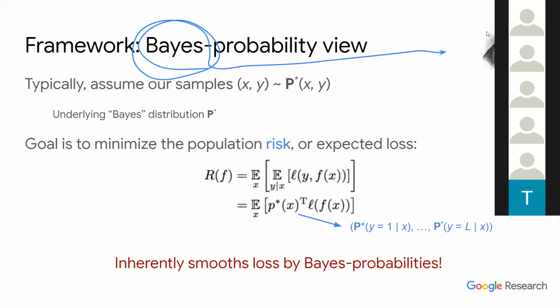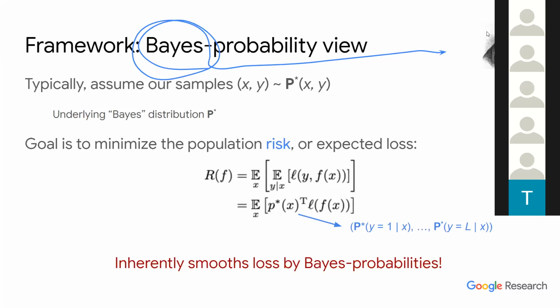When we have this, the true risk R of f is the expectation, a joint expectation, unwrapped into x and y given x. If you think of this as a label-specific loss term, it is nothing but L of f(x), the same term from the previous slide, with an inner product with p star of x, which is the ground truth label distribution from the Bayes distribution.